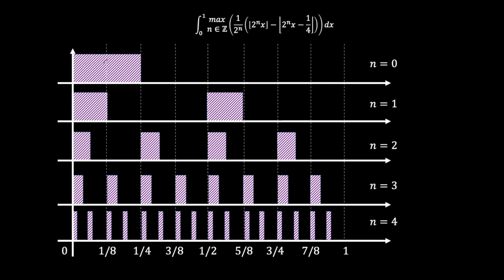So it makes more sense because for n equals 0, the factor is 1 over 2 to the power 0, which is 1. Here we are multiplying by 1 over 2 to the power 1, which is a half. Here we are multiplying by a quarter. Here we're multiplying by an eighth, and here we're multiplying by a sixteenth. So definitely in this region where we have a difference, this is the maximum.